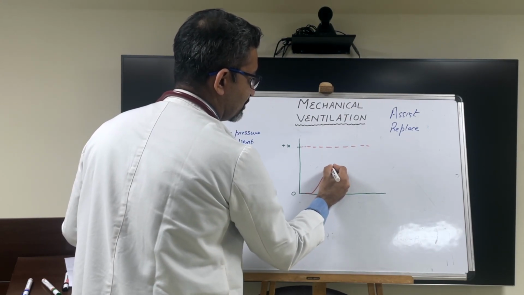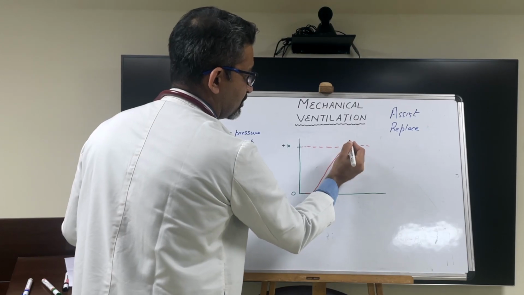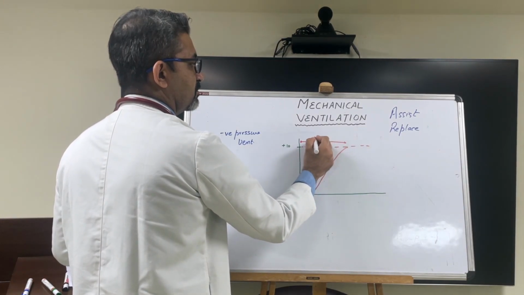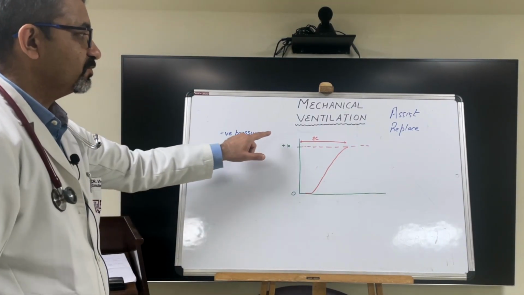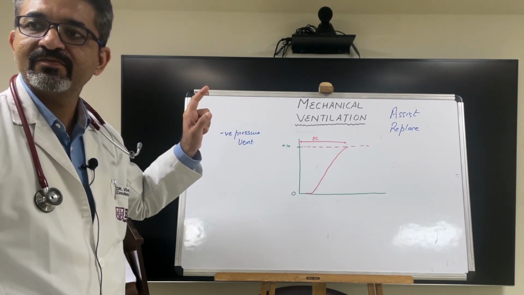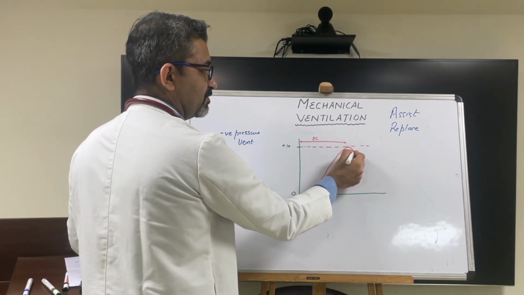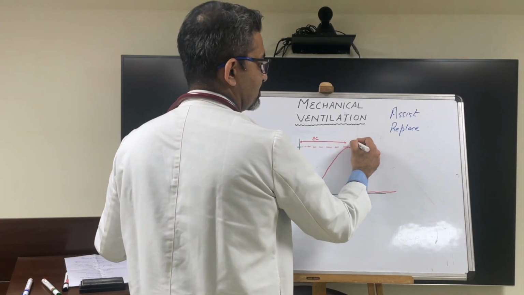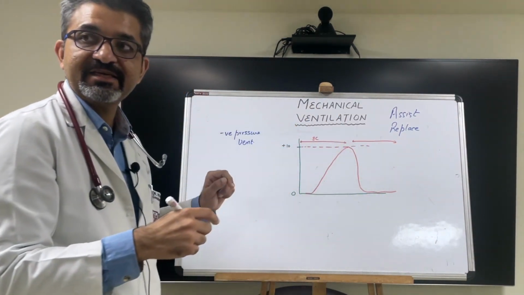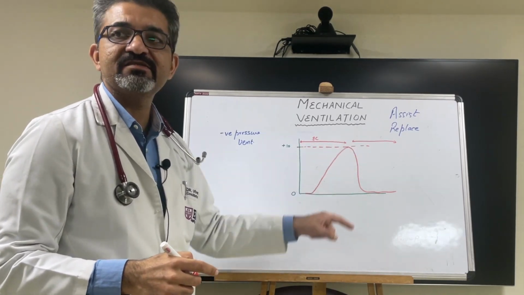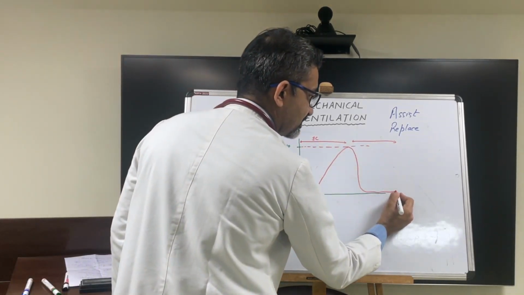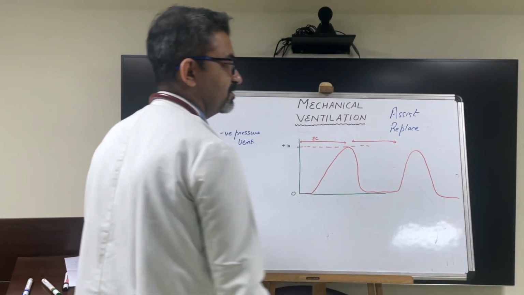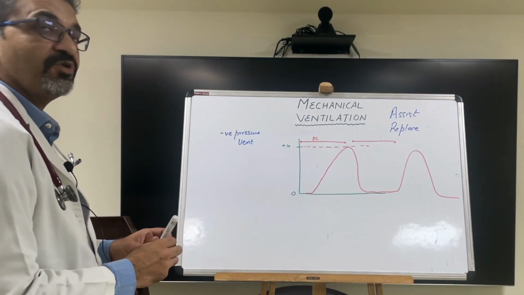It will reach plus 10. Right? So this is your inspiratory cycle. Then you withdraw the pressure from outside. It will drop. This is your expiration. In your ventilators in ICU, you will definitely see these types of graphs, right? The next inspiratory cycle will come, a slope and then collapse like this. So this is your positive pressure ventilation.